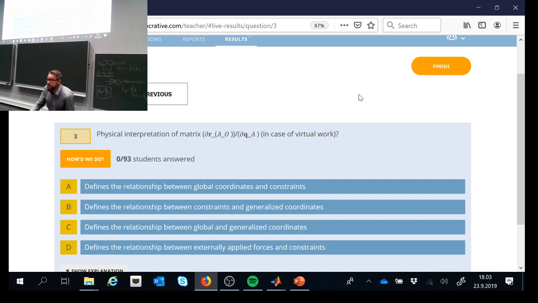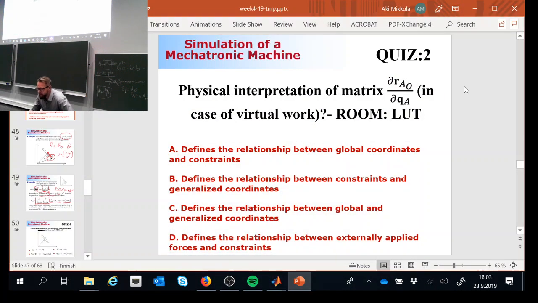That's a really good one, because let's take a look at what you're thinking this week, and if there are any improvements next Monday. It's really going to make me feel sad if we go from today's score to a lower one. This will be very, very unfortunate. But we'll see. So the question is this. Physical interpretation of matrix, which is partial r, partial q.